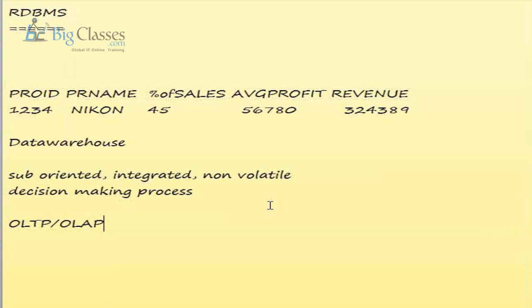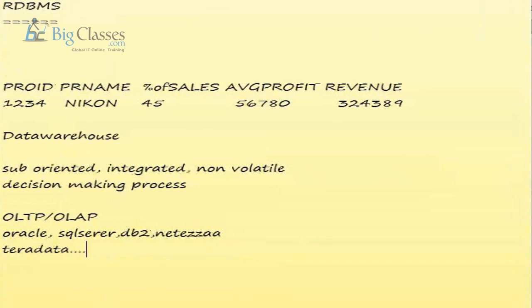We have other databases in the market, like Oracle, SQL Server, Netezza, DB2, a lot of DBMS and RDBMS in today's world. But why does Teradata have a special place in the market? Because it has a special feature of operating in parallel processing.